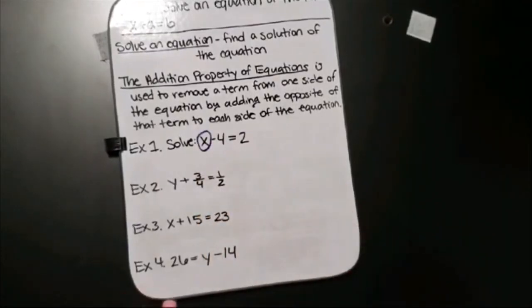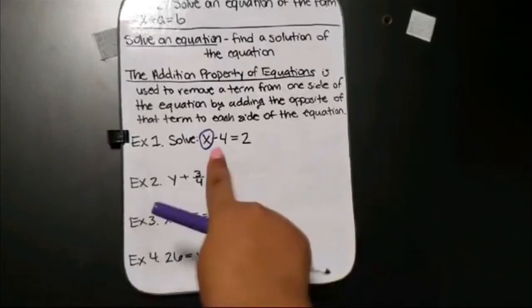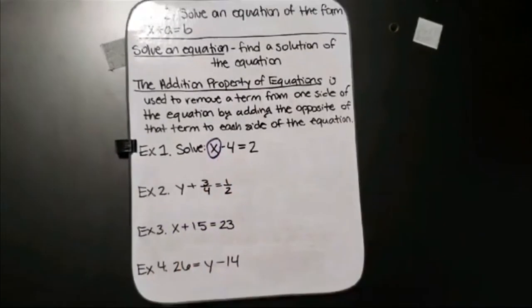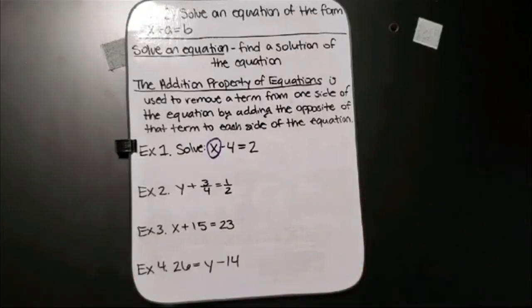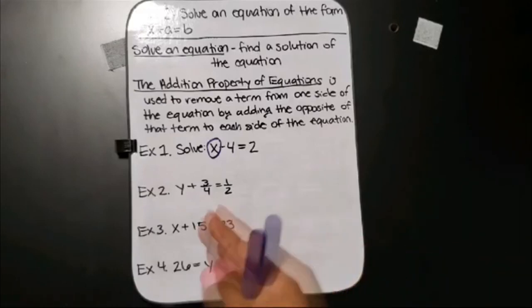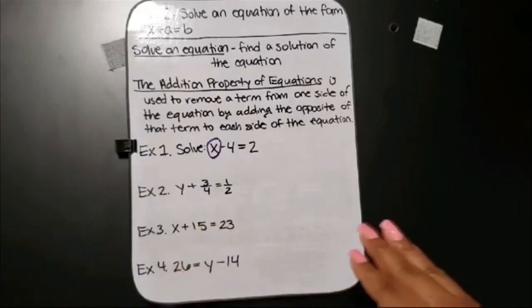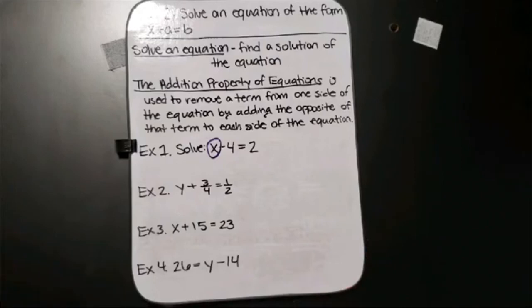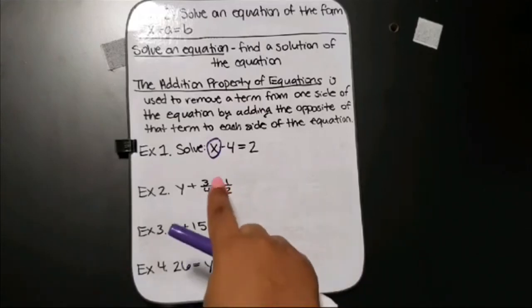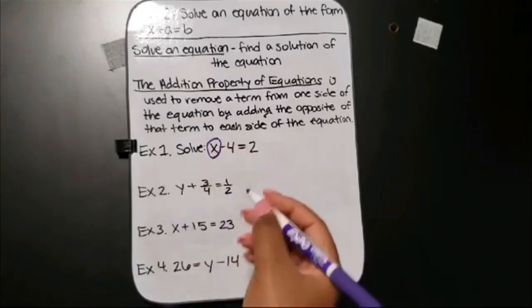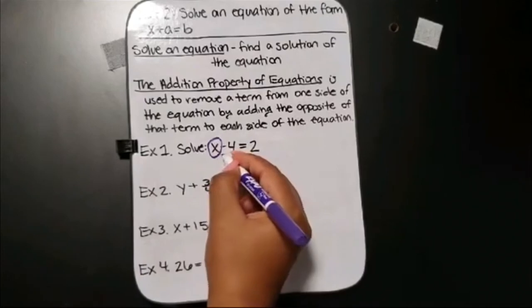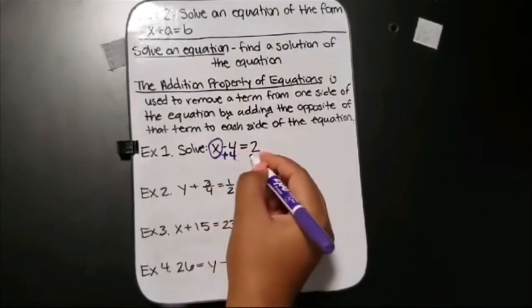If we want to get the x by itself, we have this minus 4 that's in the way. So because this is an equation and both sides have to equal, whatever we do to one side of the equation, we have to do to the other side of the equation. And in order to move things across the equal sign, we have to do the opposite of that operation. So if we have minus 4, a way to get rid of the minus 4 will be to add 4.